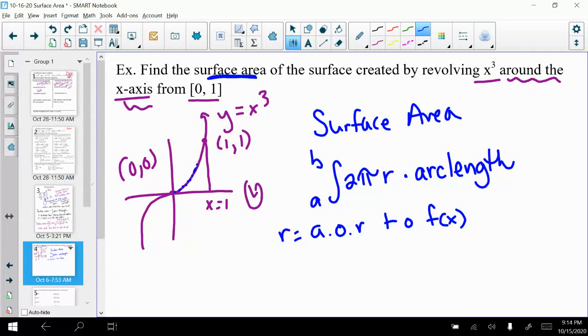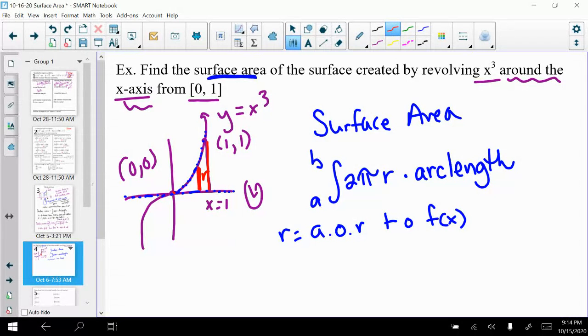So here's our function, and here is our axis of rotation. This distance in between would be my r, and r is changing. R starts out small back here, and r ends up bigger when we're at our limits.